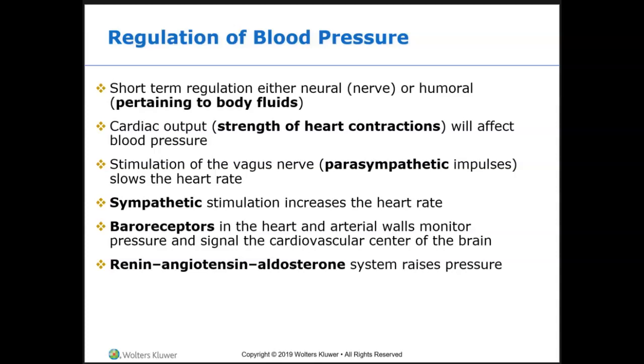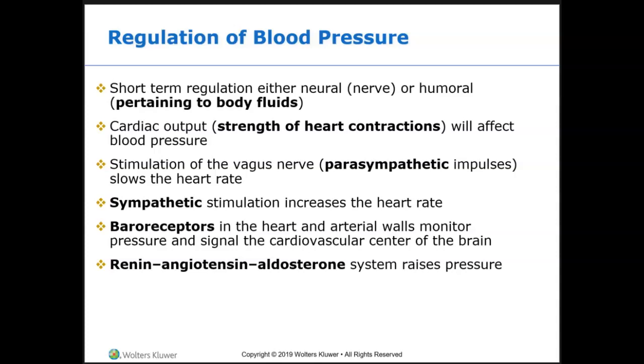And then the opposite of that, when we are suddenly in a situation where we need to respond to a fight or flight situation, that's when the sympathetic nervous system kicks in and increases the heart rate so that the body can respond, using the glucose that is stored in the muscles for energy, so they can either run away or fight whatever situation is in front of them. And that's just one example of many.